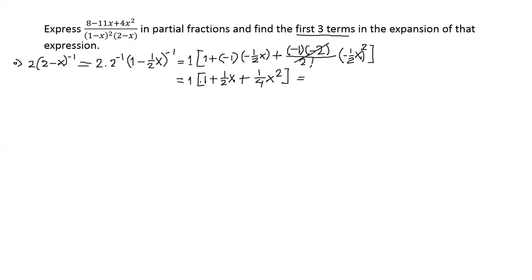So if we multiply with 1, it becomes 1 plus a half x, plus a quarter x squared.